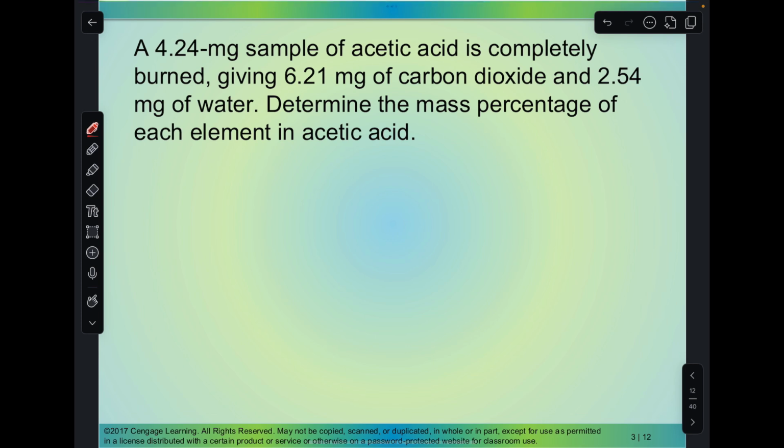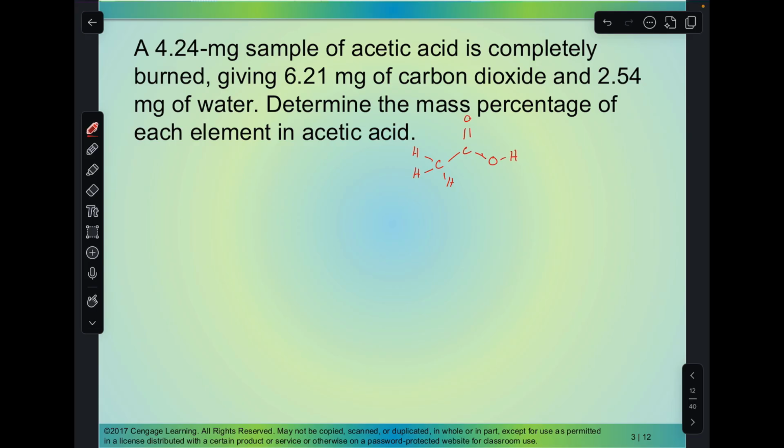Okay, so for this example, we'll use a 4.24 milligram sample of acetic acid, which is completely burned. And I'll just draw acetic acid for you here. I think it's good for you guys to get a look at these structures, because then you will not be so unfamiliar with them once you have to draw them yourself.